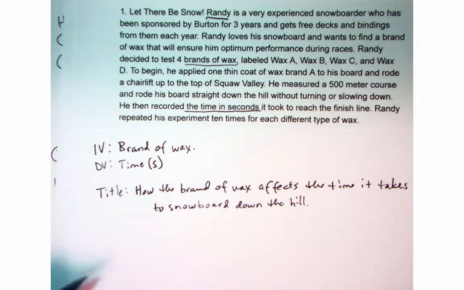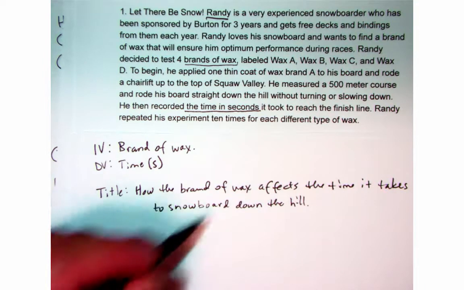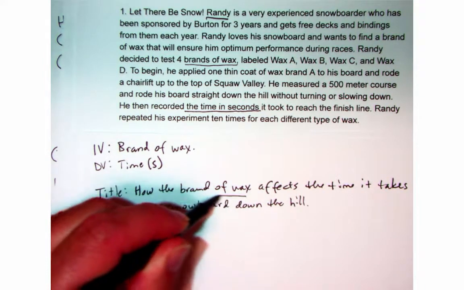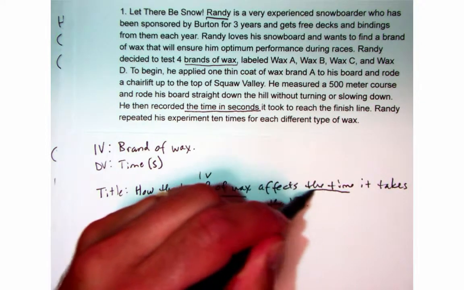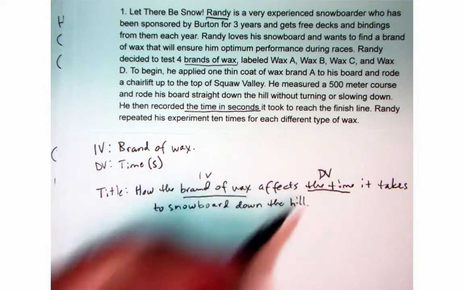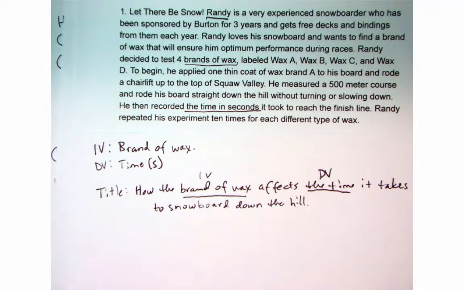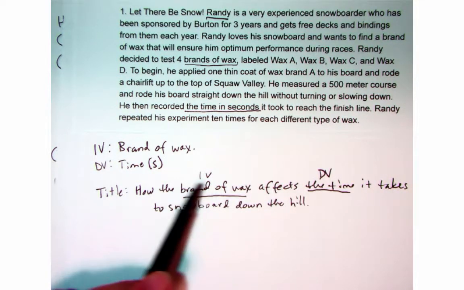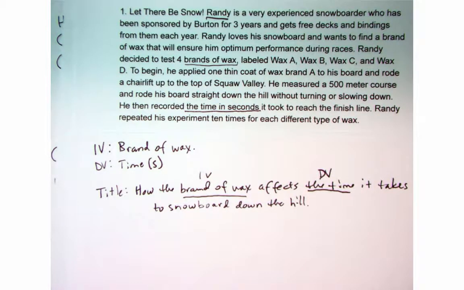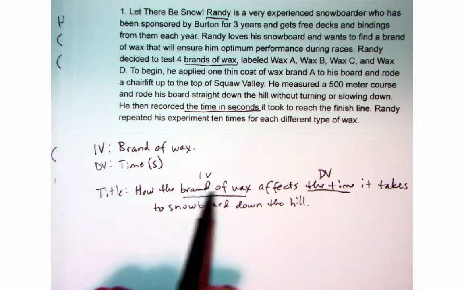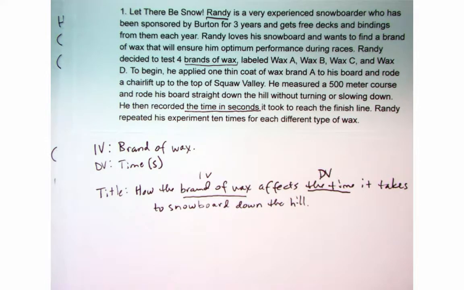Okay, notice again I've included my independent variable, brand of wax, this is the IV, and I've included my dependent variable, the time. You don't have to have the exact wording on that, but you do have to have your independent variable and your dependent variable. And if you say how, blank affects, that is another good way to do it.